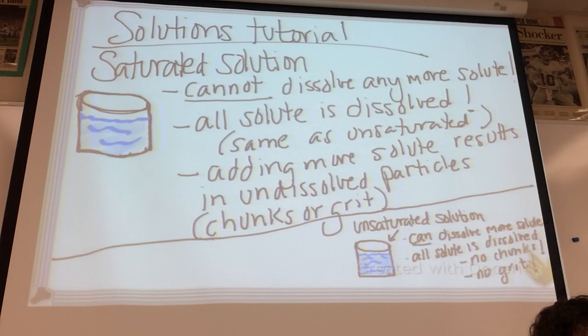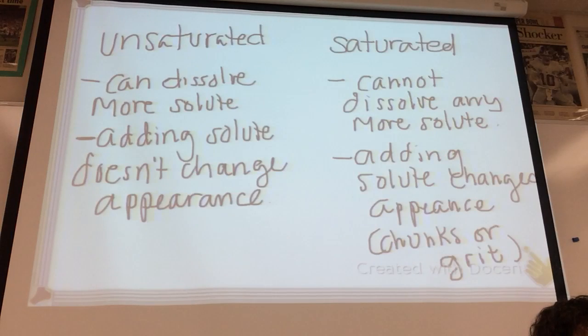Okay, so let's check our understanding. Here's a quick rundown. In an unsaturated solution, it can dissolve more solute, so when you add solute, it doesn't change the appearance up to the point of saturation. It may look cloudy for a while, but if you keep stirring, it's going to all dissolve.